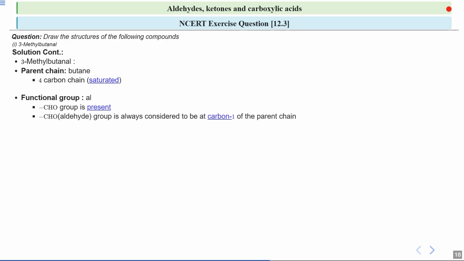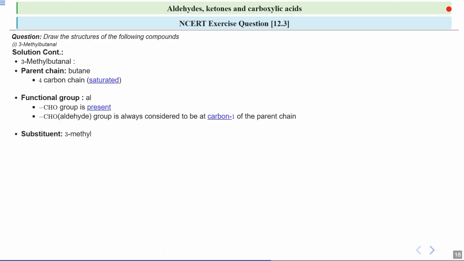It is important to remember that the CHO group is always assigned to carbon number 1 in the parent chain. This means that the numbering starts from the end with the aldehyde group, ensuring that the functional group gets the lowest possible number.